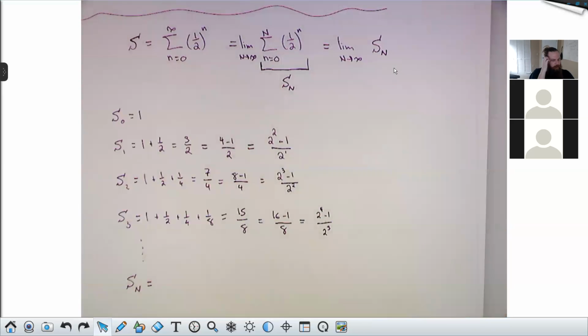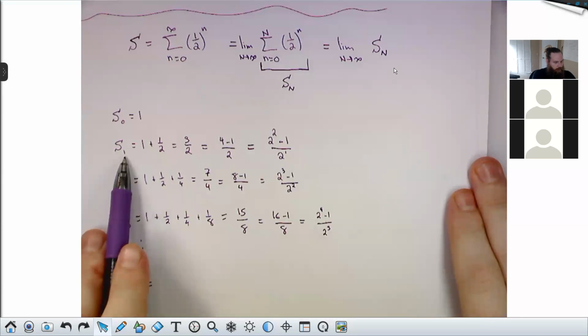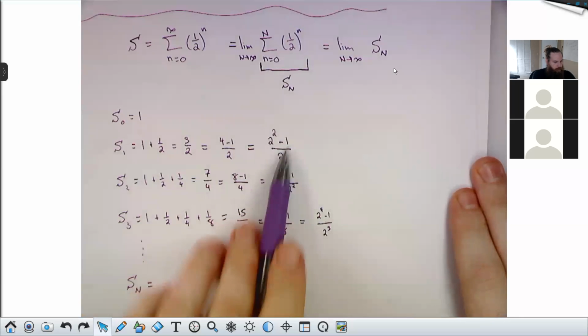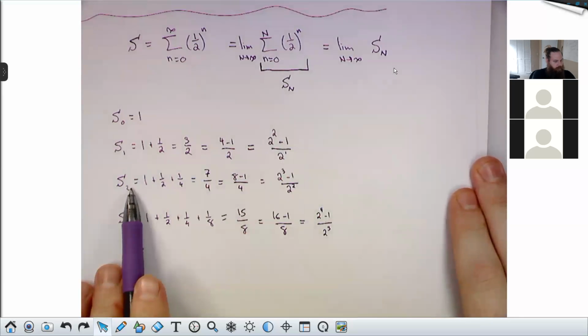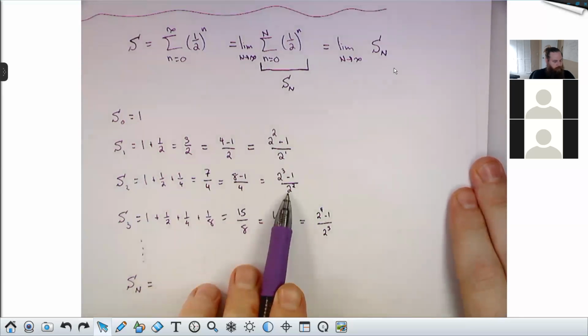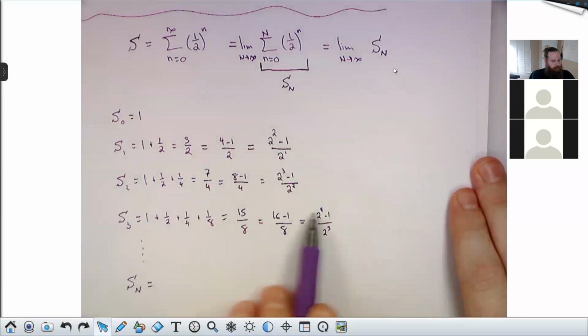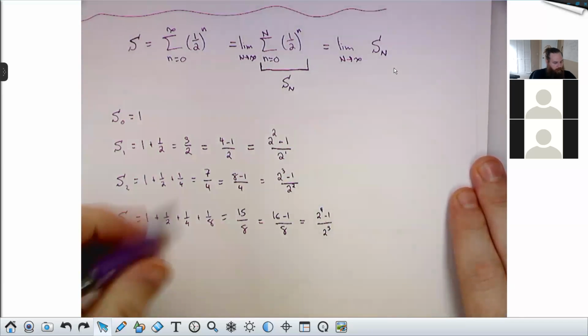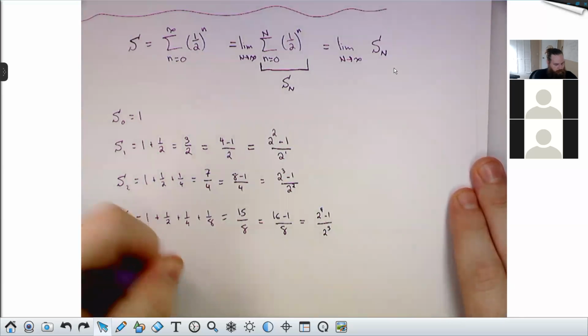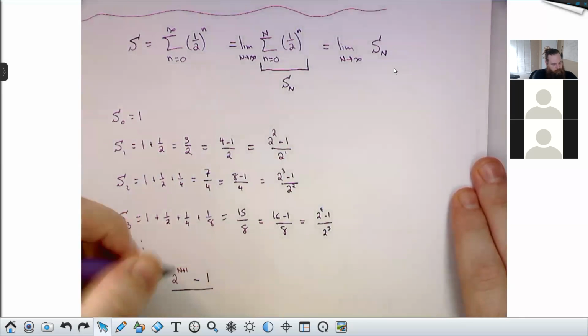So what's the pattern here? S1 is 2 to the 2 minus 1 over 2 to the 1. S2 is 2 to the 3 minus 1 over 2 to the 2. S3 is 2 to the 4 minus 1 over 2 to the 3. Sn in general here appears to be 2 to the n plus 1 minus 1 over 2 to the n.